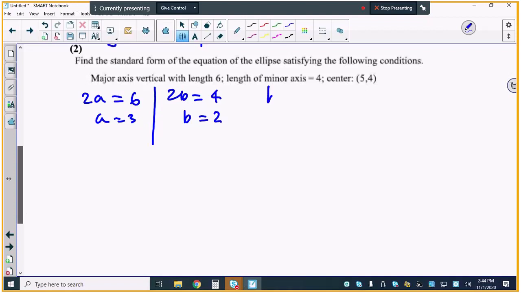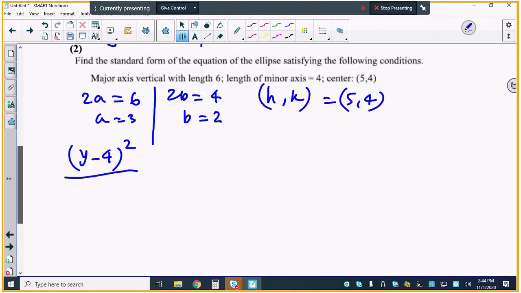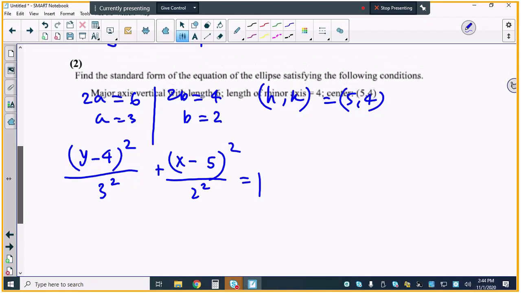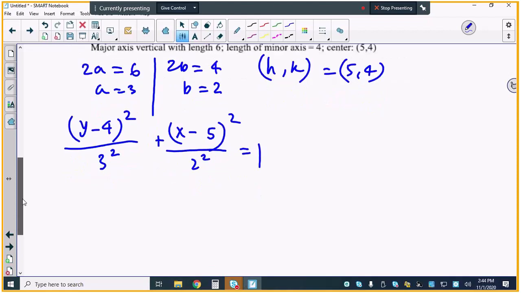Center, so h and k are given to me, and that is 5, 4. And it says the major axis is vertical. So that answers your question. You say y minus 4 squared over the larger denominator, so 3 squared, plus x minus 5 squared over b squared, so 2 squared, equal to 1. And that is the answer to this question.